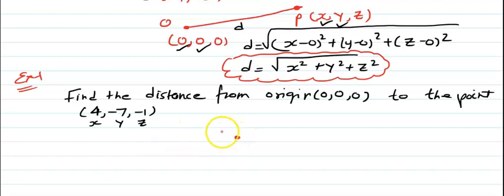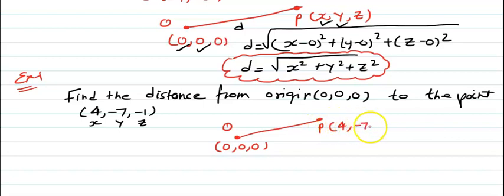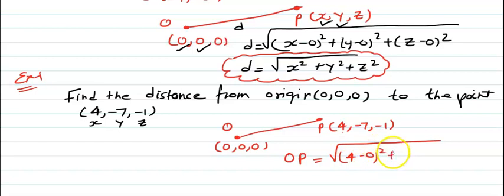If we draw it, which you don't need to do, I'm just explaining for your better understanding. O is (0, 0, 0) and there is a point P here whose coordinates are 4, minus 7 and minus 1, and you need to find the distance OP. O to P will be given by the same thing: (4 minus 0) whole square plus (minus 7 minus 0) whole square plus (minus 1 minus 0) whole square.